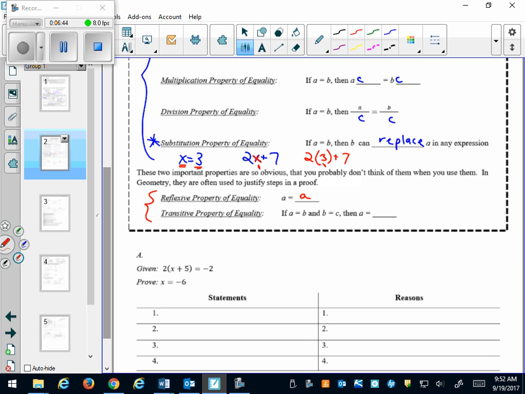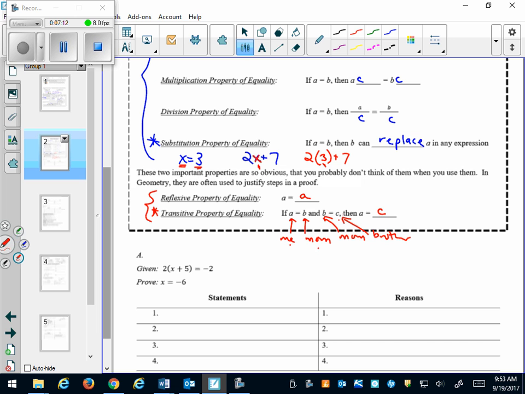The transitive property of equality, this one is super important. If A equals B and B equals C, that means A must equal C. Think about this logic. Let's say I'm the same height as my mother, and my mother is the same height as my brother.